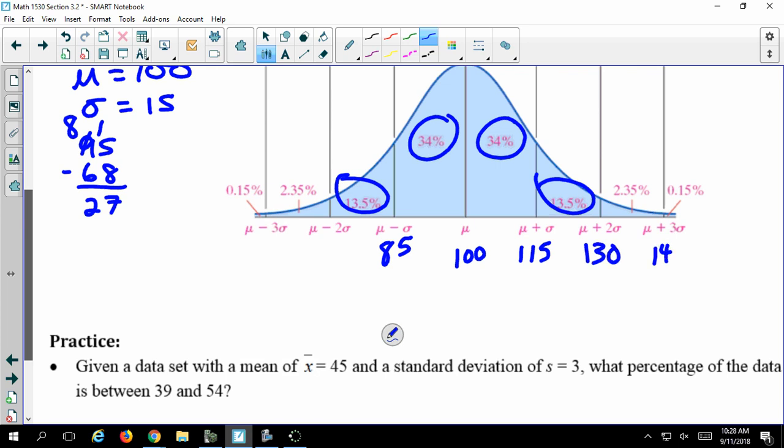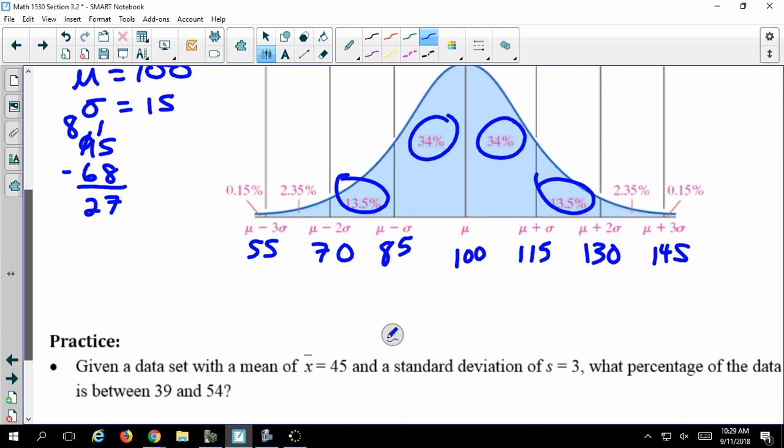This is 145, and this would be 55. So 3 standard deviations would go from 55 to 145. That says 99.7% of our population has an IQ between 55 and 145. Does that make sense? That's almost full range. There are going to be very few people with an IQ that's not in that range, 55 to 145.